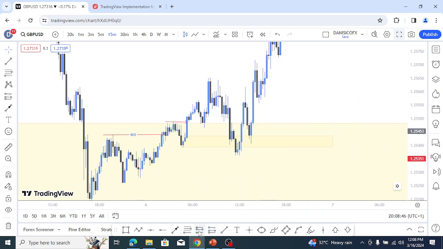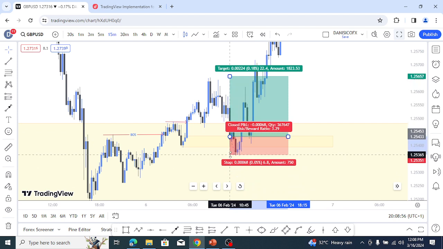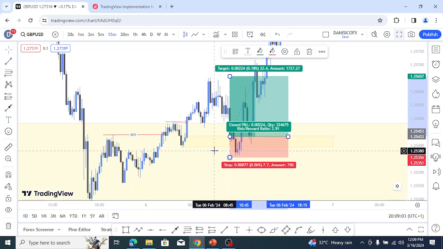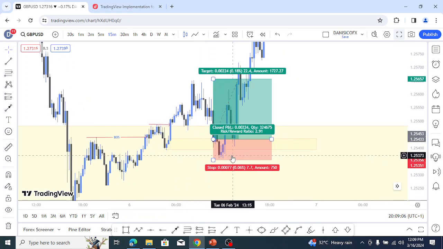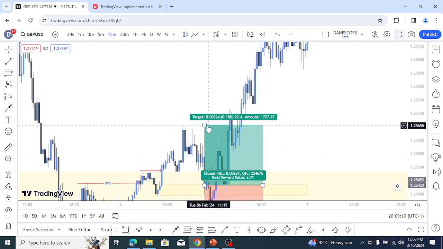So this is where you buy. You put your entry here, your stop loss below this level, because you don't know what will happen. A 7 pip stop loss is good, even if it's a 15 pip stop loss.